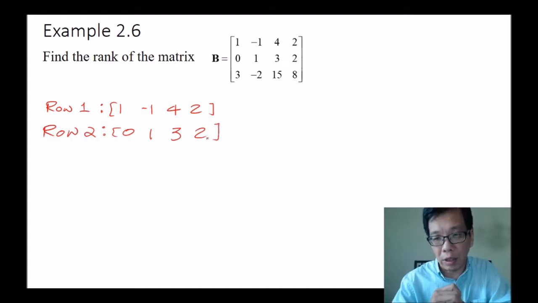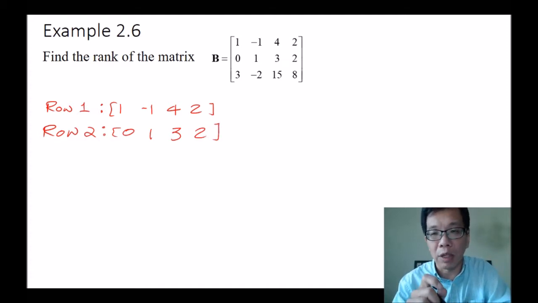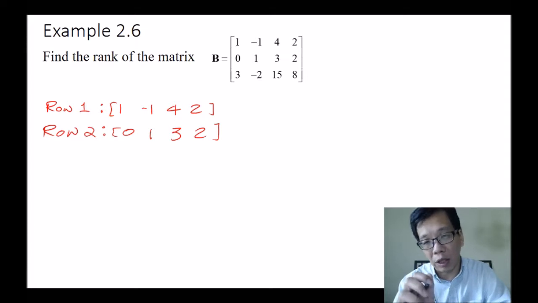When we try to find the rank, it means that a specific row cannot be a combination of the other two rows. What do I mean? If you multiply row 1 by a certain number plus row 2 multiplied by a certain number, and it equals row 3, it means that the rank is only 2, because only rows 1 and 2 are independent. The third one is a combination of the other two rows. Then we say the rank of this specific matrix is 2.